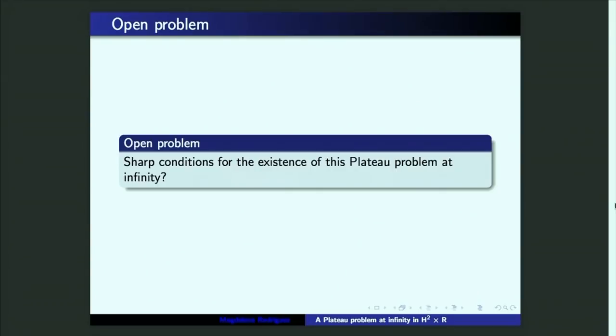And so we didn't like that. We tried to look for some more general result.